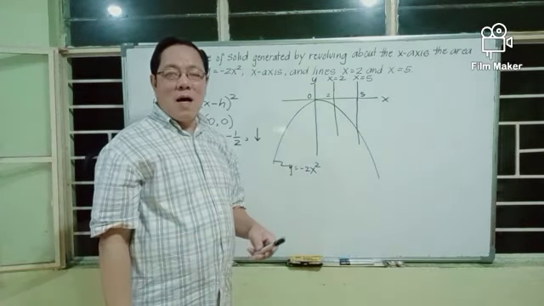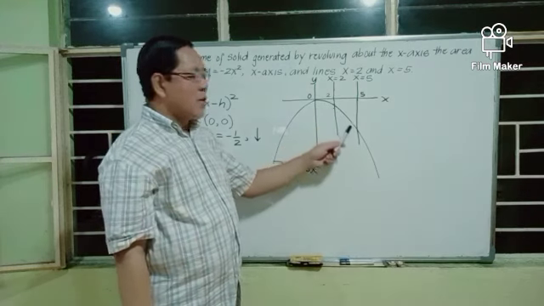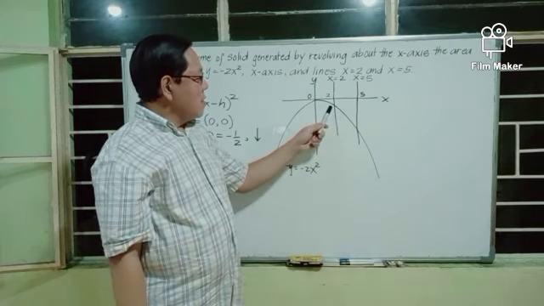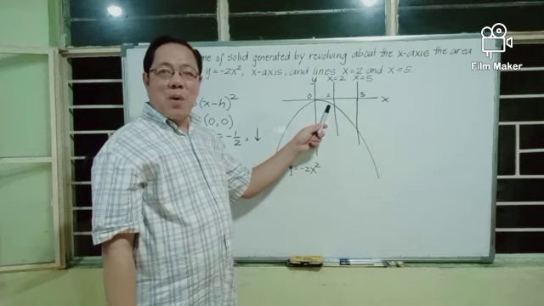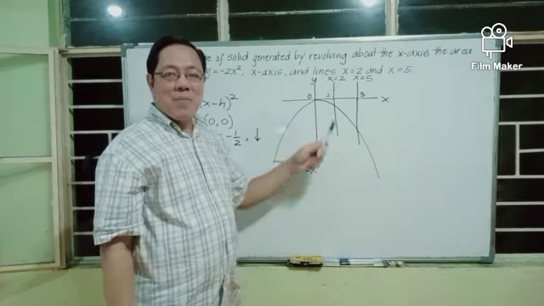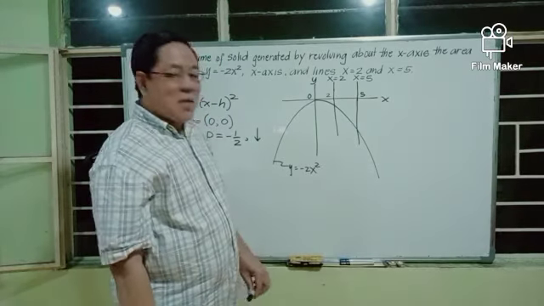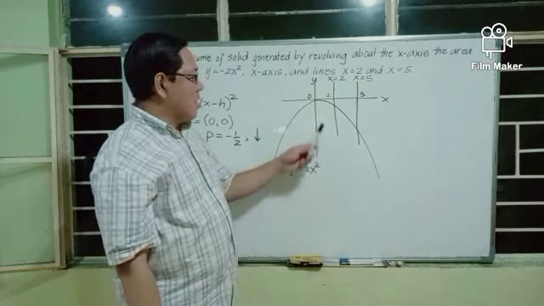You can see that the lines and the parabola intersect at 2 points. We can find the points of intersection of these lines and the parabola and see if we can make use of these points of intersection.